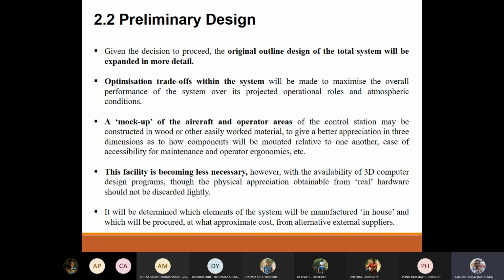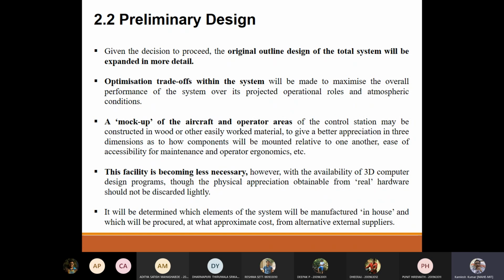So today mock-up models have become less necessary in comparison to 3D models, but till today people are using them. You can make 1, 2, 3, or maybe 5, 10, 15, even 100, but how many mock-up models can you make? In the software you can make thousands of models.